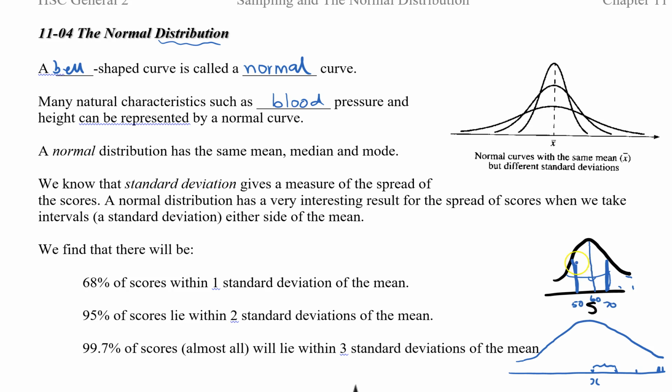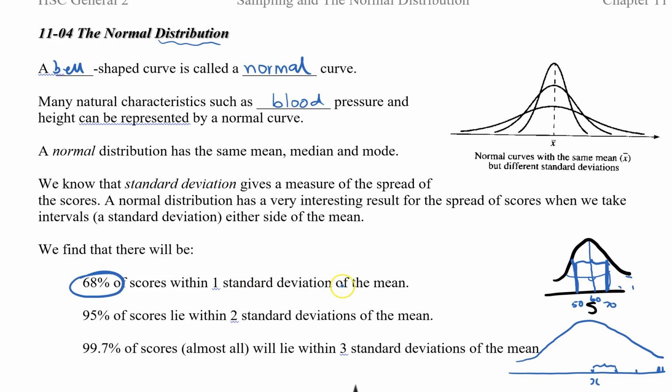If we look in this range from score 50 to 70 of a normal distribution, we find that 68% of the population lies within that range of scores from 50 to 70. So it says there 68% of the scores lies within 1 standard deviation.